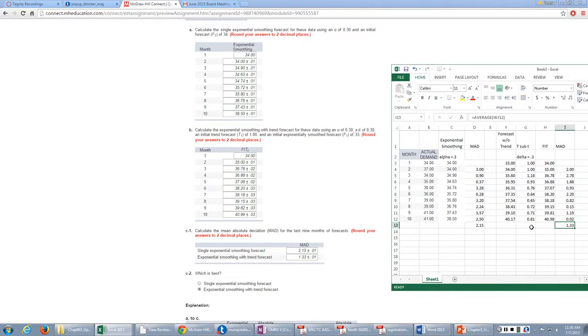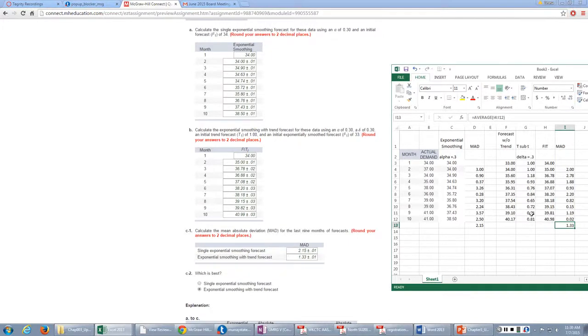So on average I am missing the forecast by 2.15 units with exponential smoothing, and on average I'm missing the forecast with exponential smoothing with trend by 1.33 units. When I'm asked which would be best, clearly it would be best if we were missing the forecast on average by the lower number of units.